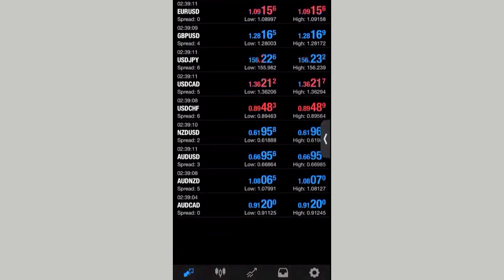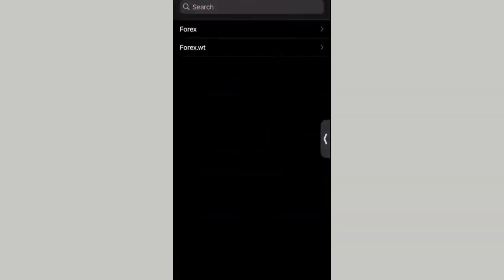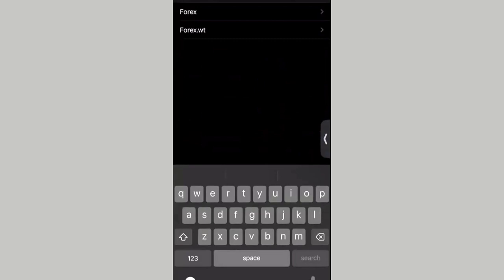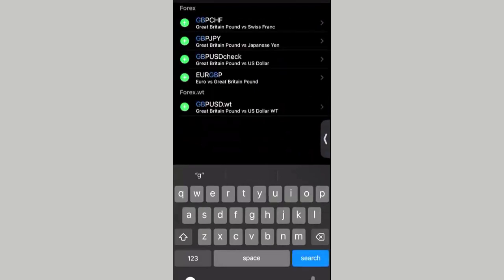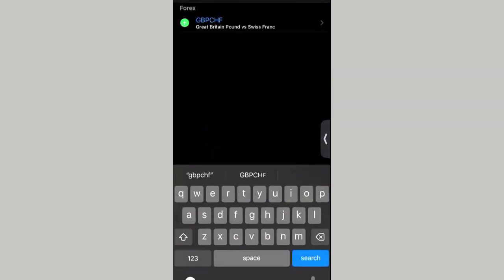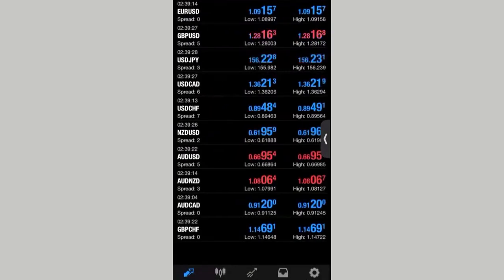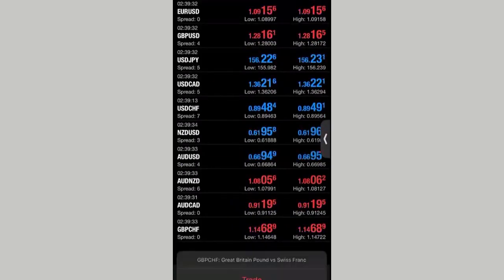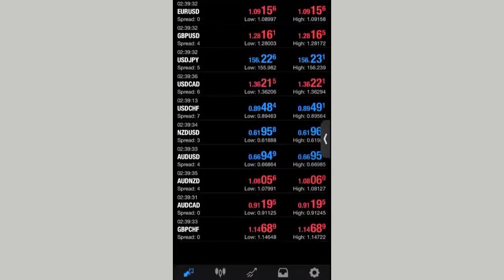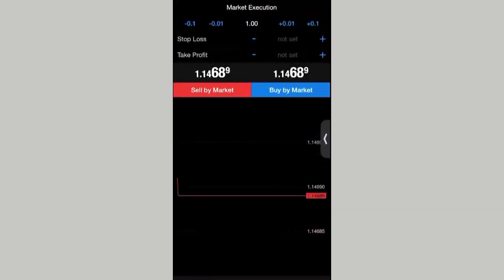If you don't have it here, click on the top right plus sign, go in the search bar and type GBP CHF, then click the green plus button right there, and then just go back, and it should be at the bottom. Every new pair that you add is going to be at the bottom. Then you click on trade, and for market execution it's buy now.